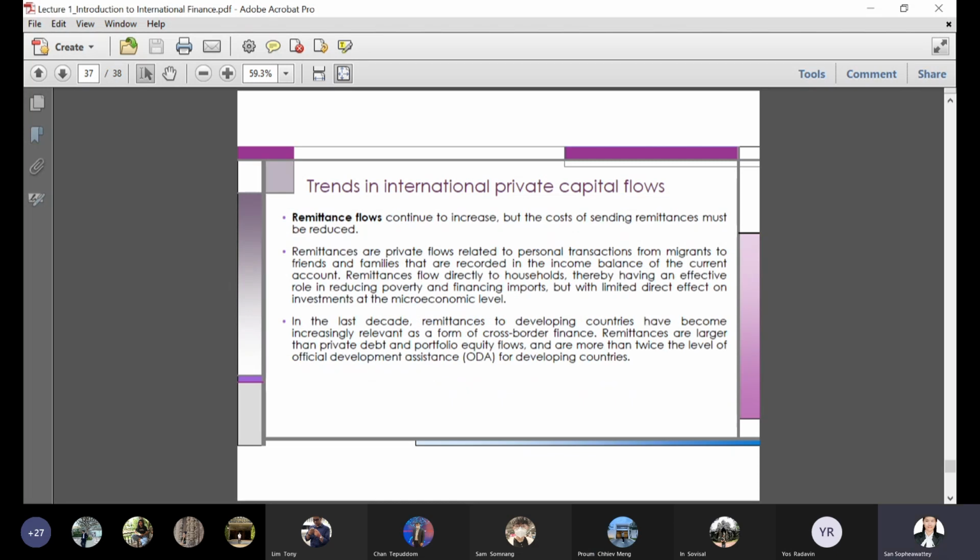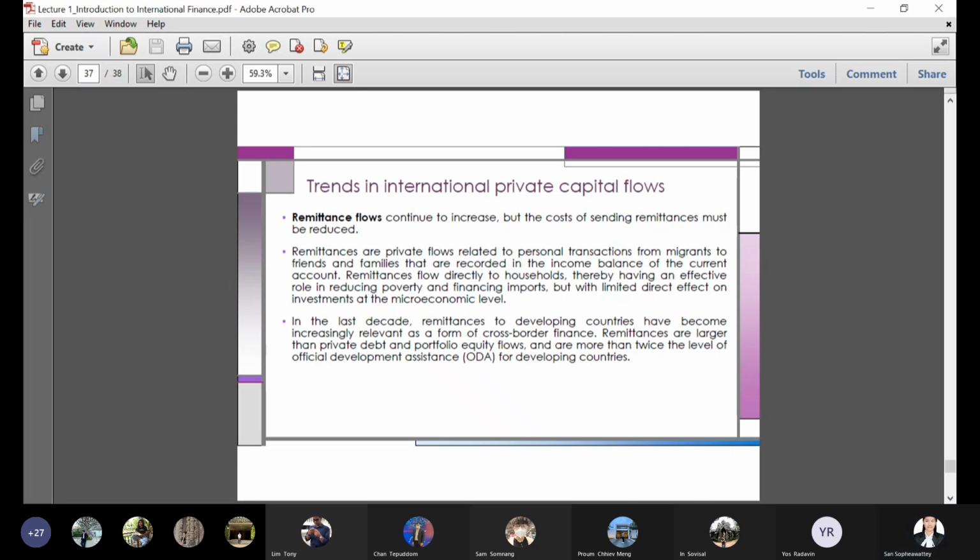So the international capital flow can be in terms of remittance as well. Remittance flow usually happens from advanced economies or developing economies into developing economies. So remittance flow continues to increase, but the cost of sending remittance is reducing. And the question is why?